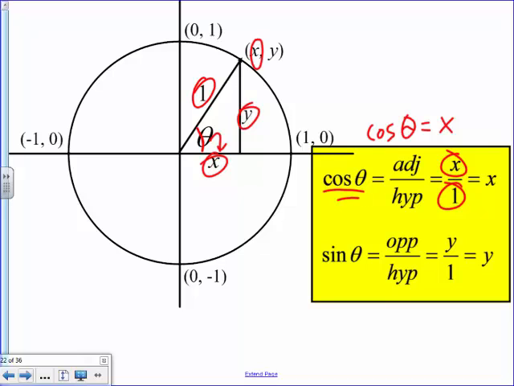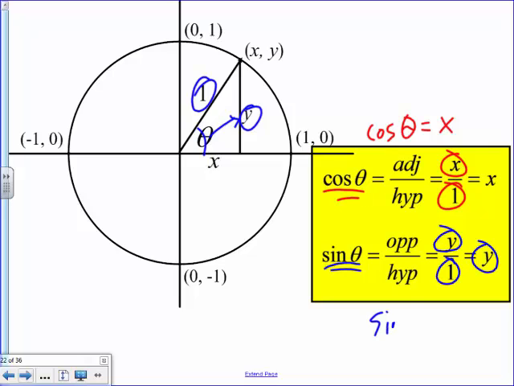And the opposite is the case for sine, because sine is opposite, right, y. So sine of the angle is opposite, so y, over the hypotenuse, which is 1, which simplifies to y. So sine of the angle should equal the y-coordinate, or the vertical height of that triangle. So how we can use that is this.